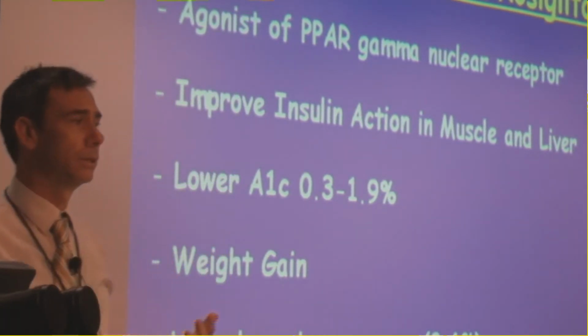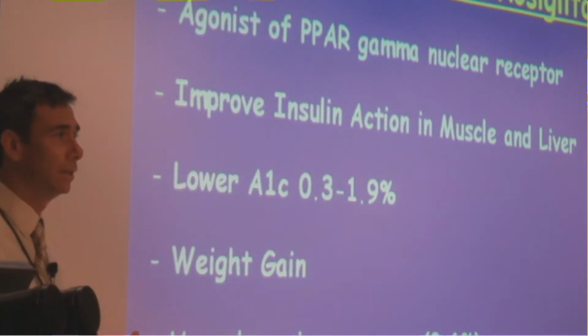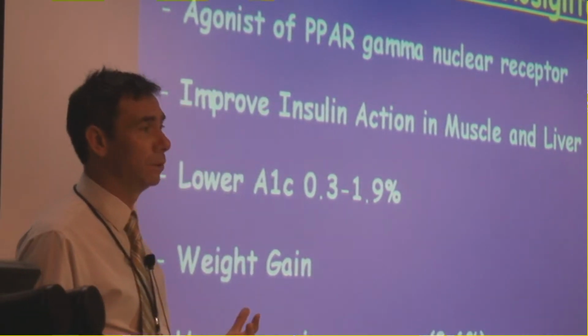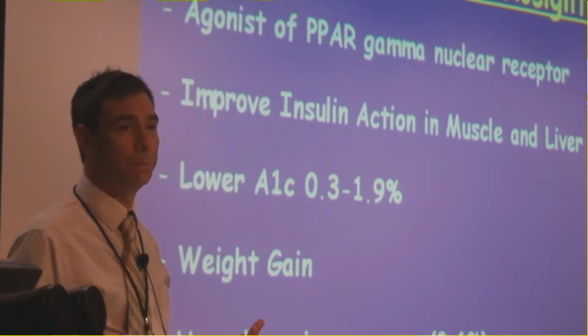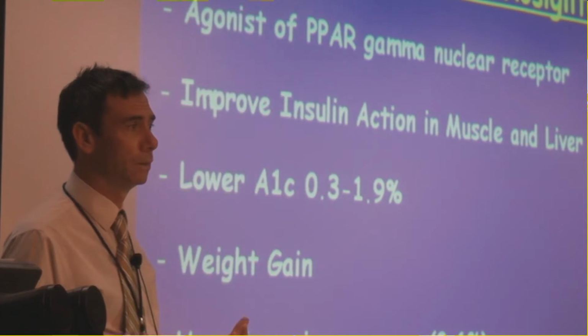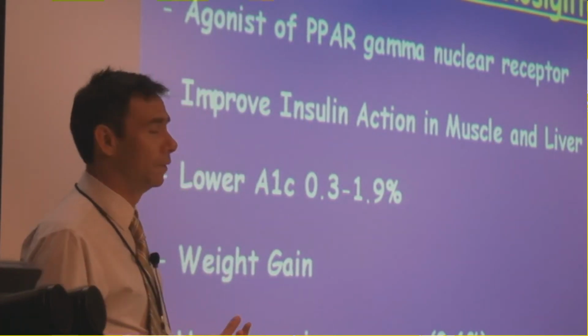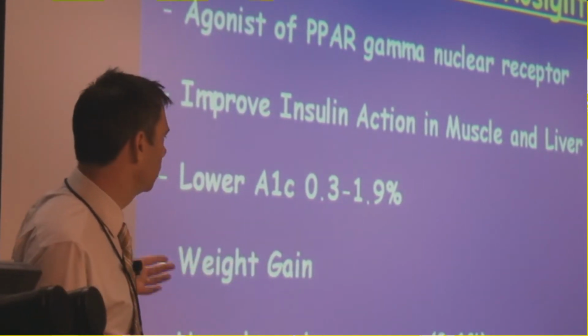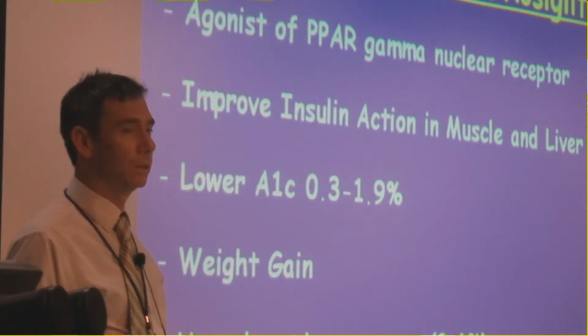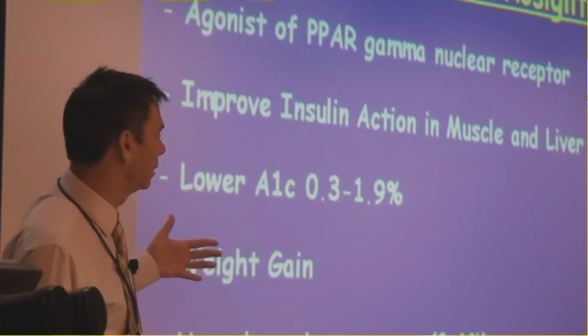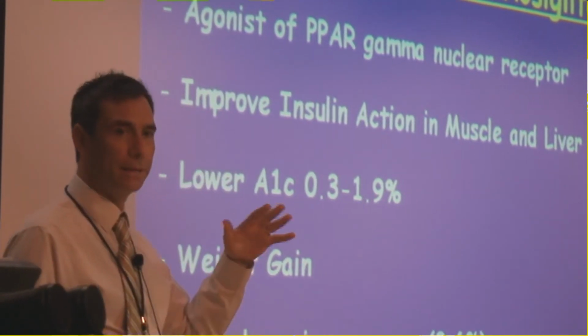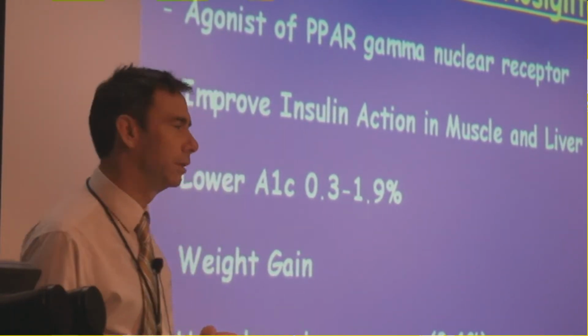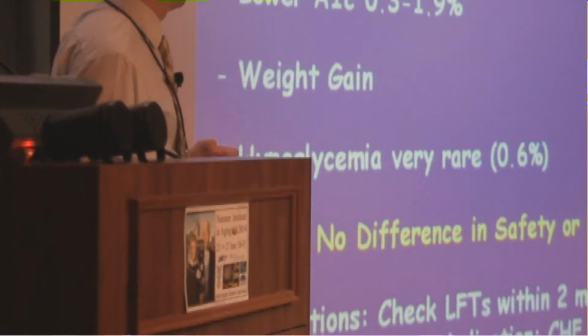There's a lot of people who are 70 or 80 who are relatively thin, and they still have type 2 diabetes. And sometimes their appetite is not very good because of different conditions. So if a person is older and not eating very well, you might not want to give him metformin, which is going to decrease his appetite, and might consider giving something like this that might actually make him gain a little bit of weight.